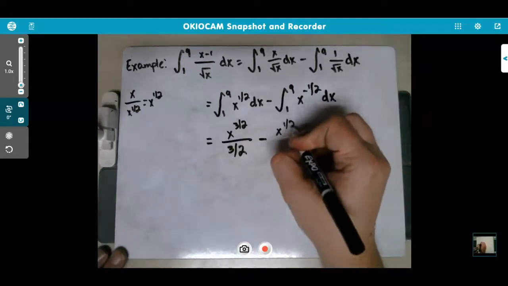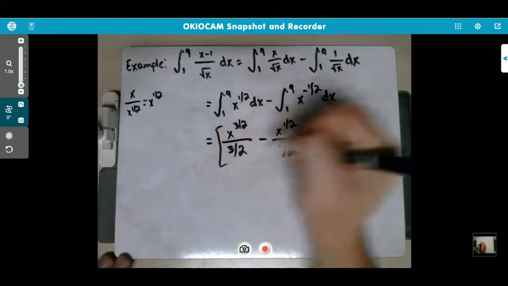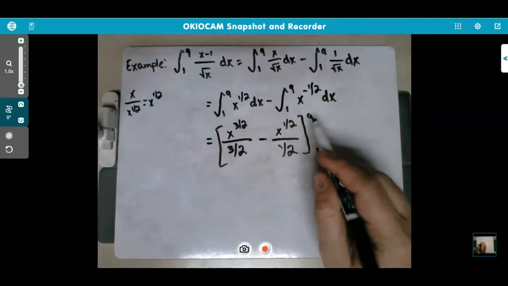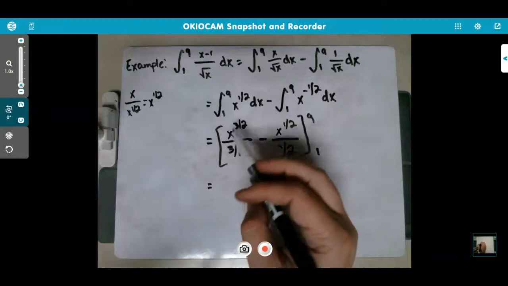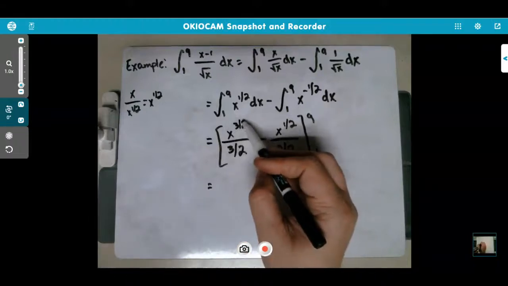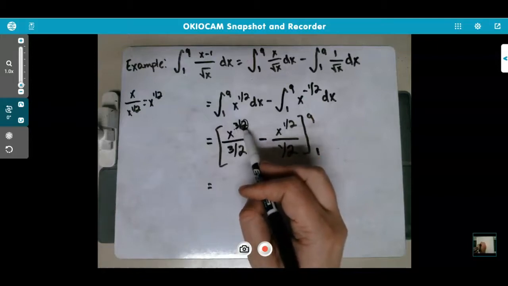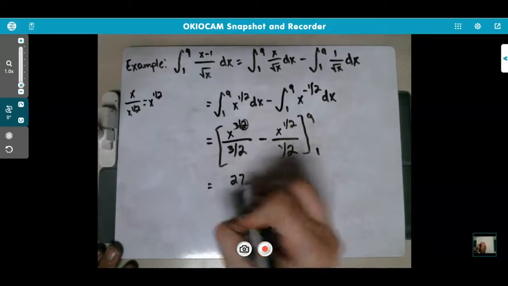So x to the 1/2 over 1/2. And I'm going to first plug in a 9, then plug in a 1. So plugging in a 9 to the 3/2, that's like doing the square root and then raising it to the third. So the square root of 9 is equal to 3. 3 to the third is 27.